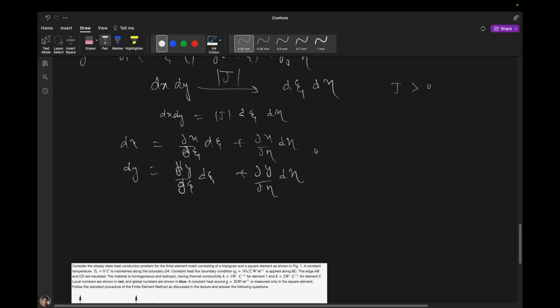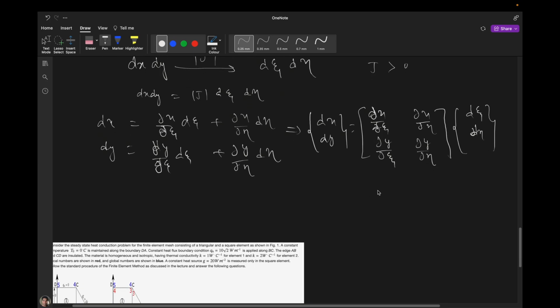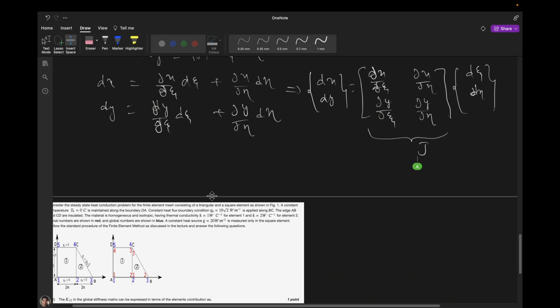In matrix form I can write the vector dx dy equal to the matrix of del x by del xi, del x by del eta, del y by del xi, and del y by del eta, multiplied by the vector d xi and d eta, and this is called the Jacobian.